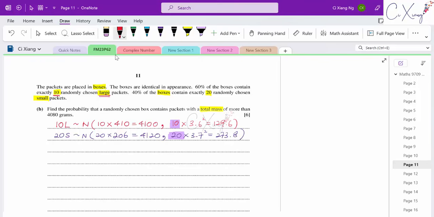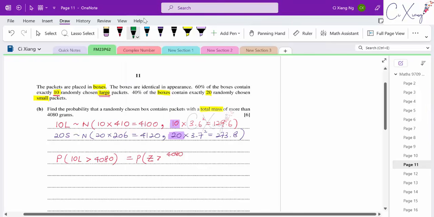Alright, so for this question, they are interested to find out the probability that the box has a total mass of more than 4080. So that means I want to calculate the first type of box with 10L and they have more than 4080 grams. Okay, so again, this is a normally distributed question. I have to standardize it to become Z. So I will take 4080 minus the mean.